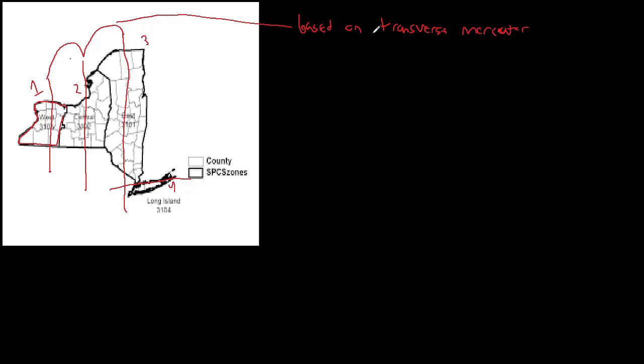Note, I am not saying universal transverse Mercator. I'm just saying normal transverse Mercator, where we take the cylindrical projection, tip it on its side. We have a single standard meridian. In this case, the standard meridian cuts through this portion of New York, right?